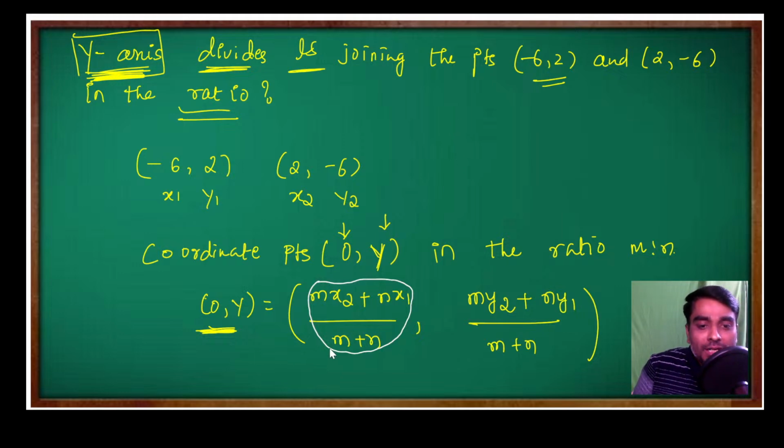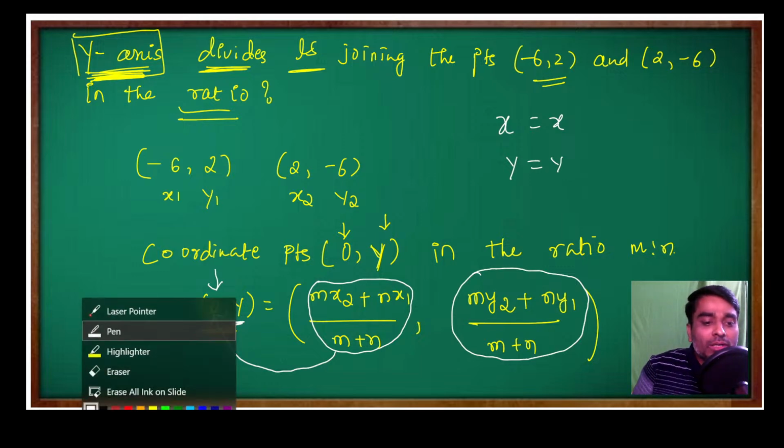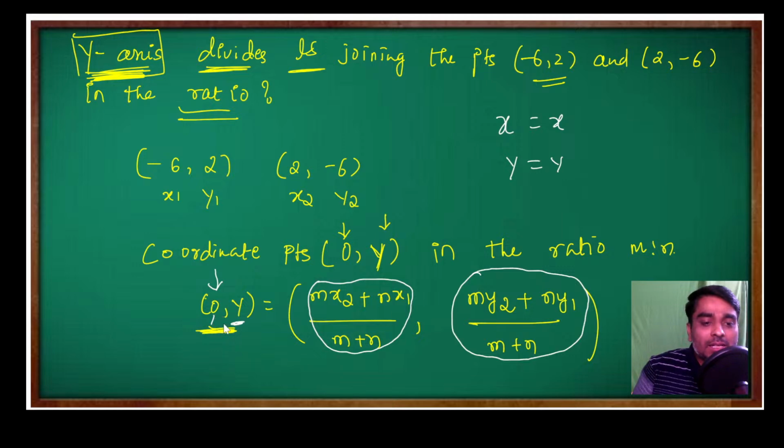This x coordinate you will equate to the 0 here. And this whole part is the y part, which should be equated to the y coordinate here. This is how you need to remember: x equal to x, y equal to y. That's how you will do. So now let's equate like this.